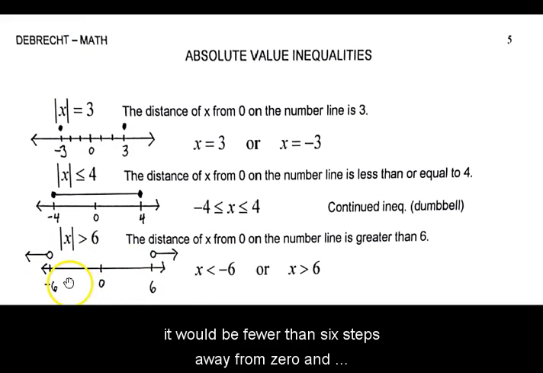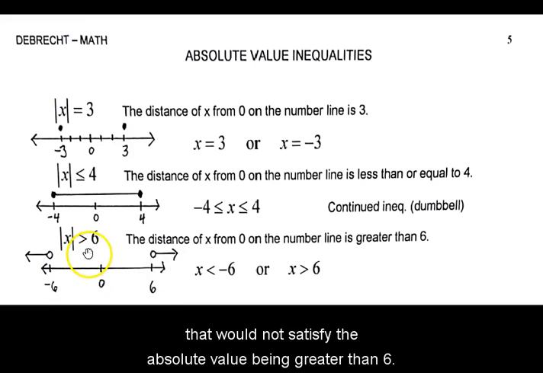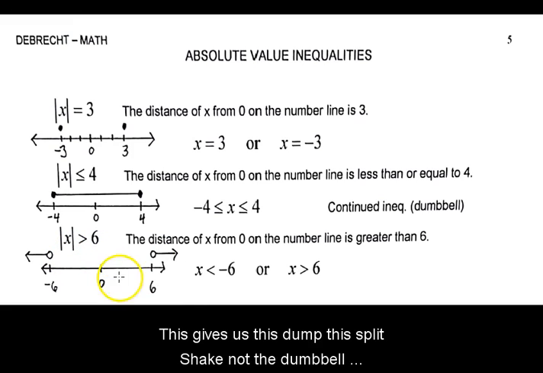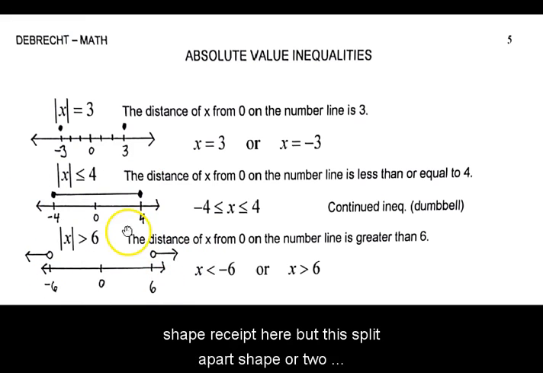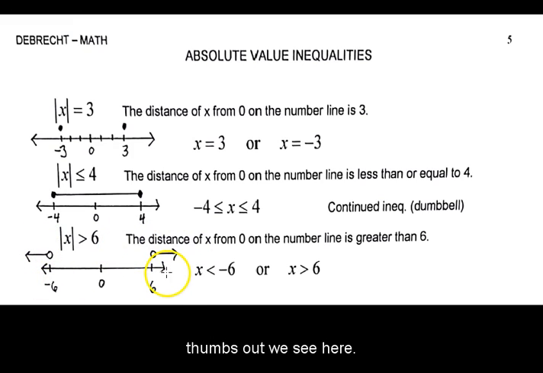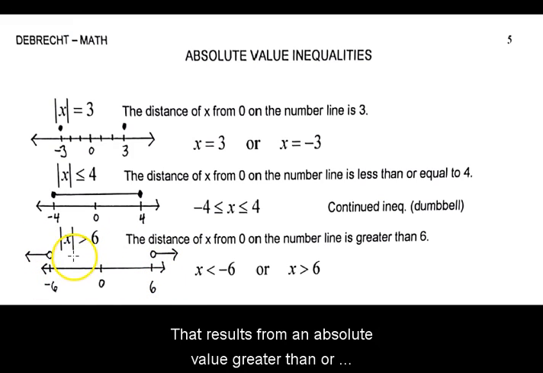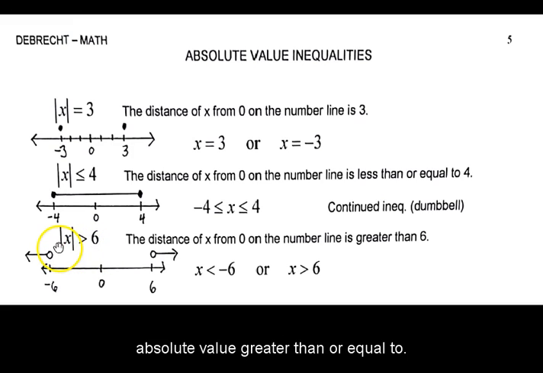If it were closer than that, it would be fewer than 6 steps away from 0, and that would not satisfy the absolute value being greater than 6. This gives us this split shape, not the dumbbell shape we see here, but this split apart shape or two thumbs out we see here. That results from an absolute value greater than or absolute value greater than or equal to.